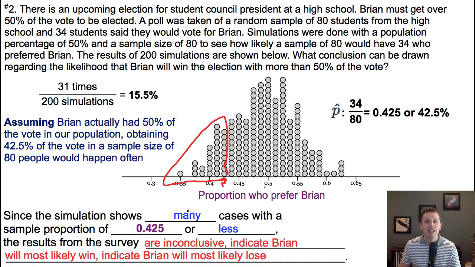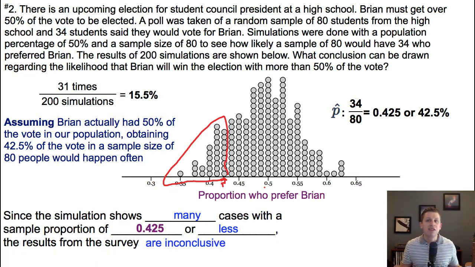We said many cases because we saw 31 out of 200, and we said or less because we included values to the left of the mean. Of course, our results are inconclusive. We think he might have 50% of the vote, but that's not a dominating number because it's not very high above 50 to say that he'll win the election, and because he might have 50%, we also can't say that he'll lose the election. Let's try another example.